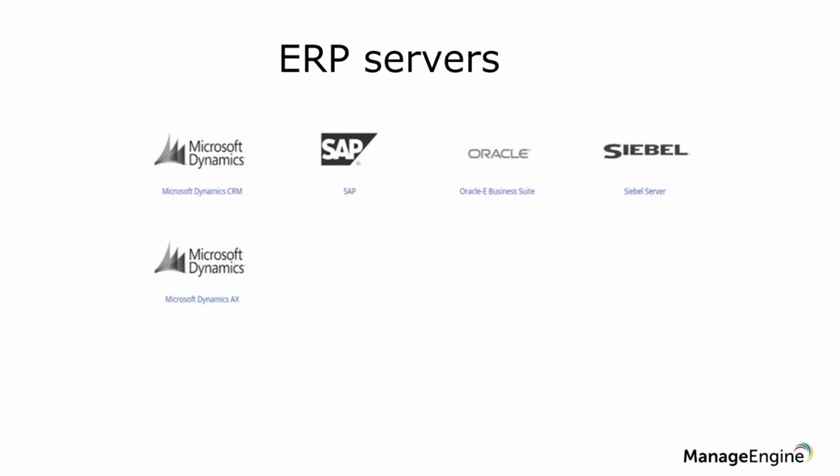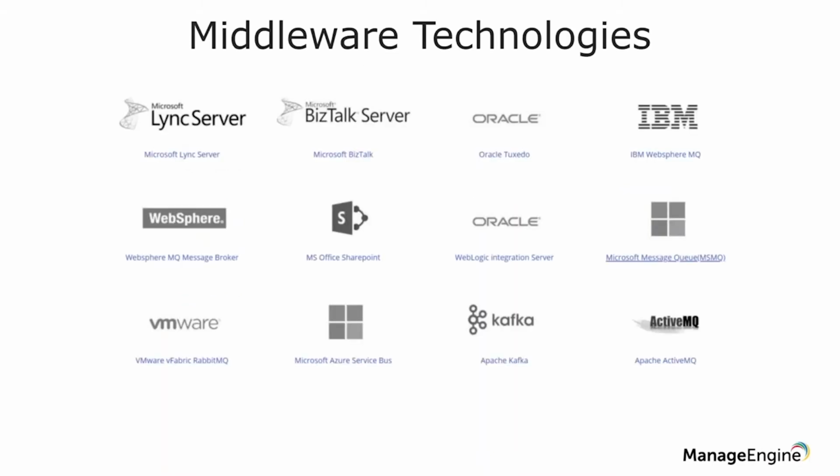The next category is your ERP servers. So SAP, Microsoft Dynamics CRM, Dynamics AX, the Oracle e-business suite, Siebel server can be monitored in Applications Manager. So where we monitor the request connection, process statistics, background processing, buffer dialog, enqueue, spool, jobs, and server state of these ERP servers.